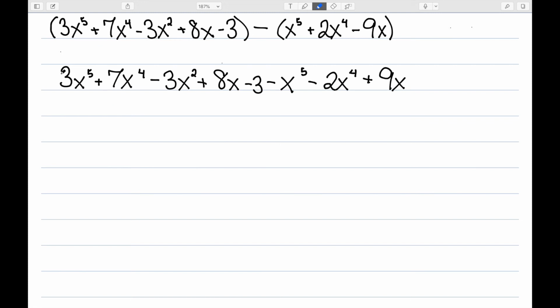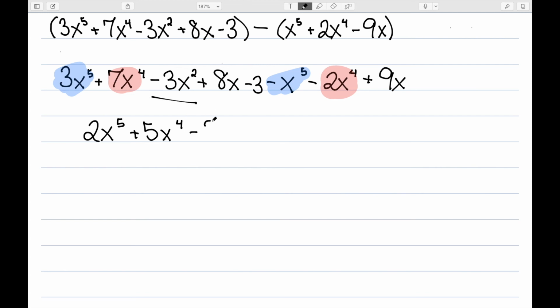And from there, we can start combining like terms. For my x to the fifth, I have a 3x to the fifth and a minus x to the fifth. 3 minus 1 is 2, so 2x to the fifth. I then have a 7x to the fourth minus 2x to the fourth. 7 minus 2 is 5, so that's 5x to the fourth.